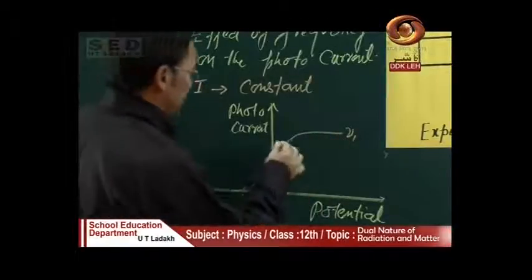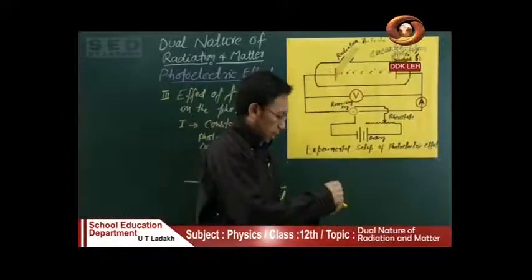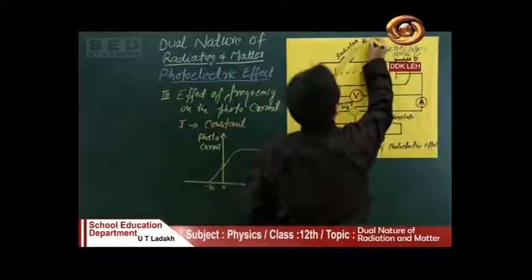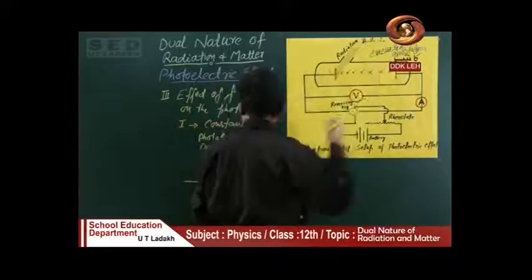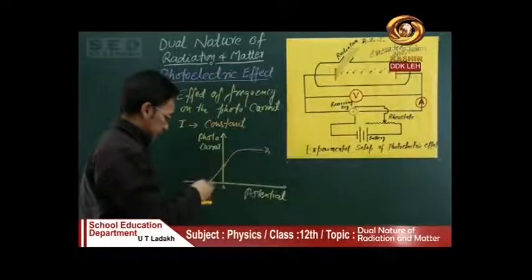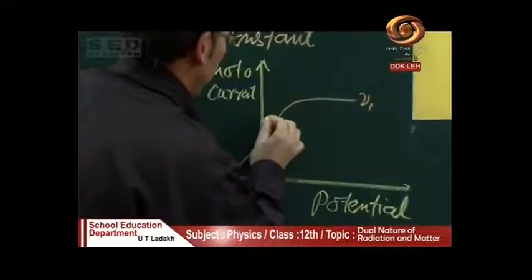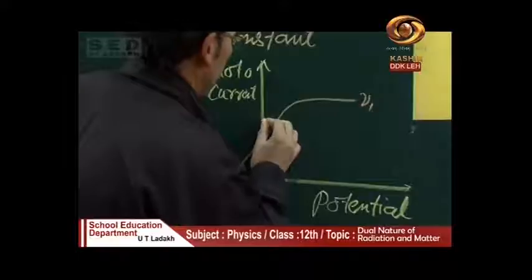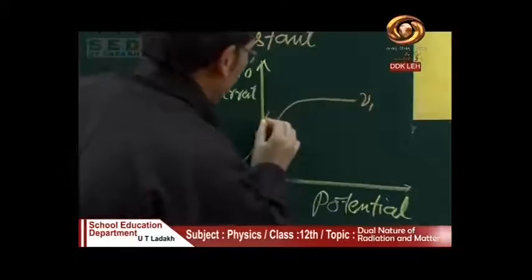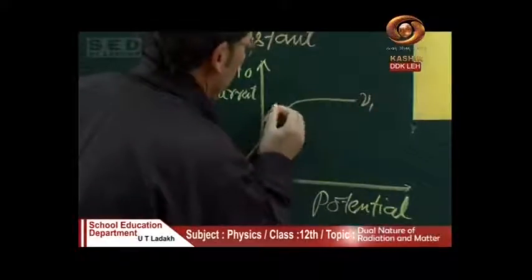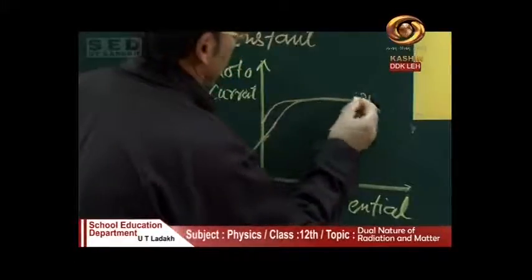Now I am plotting it for the second frequency. Let us incident another radiation of frequency nu2 on this metal plate, and then we can draw the graph like this. At potential 0, this much of current you will observe in the emitter, and with increasing potential the current will increase, but at a particular stage it becomes saturated.